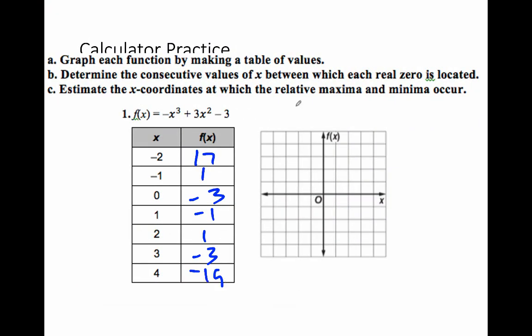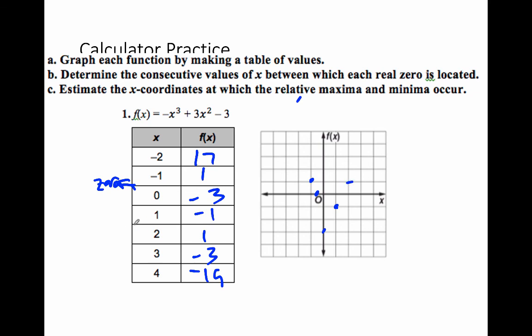So negative 2, 17 way up there. Negative 1, 1 here. 0, negative 3. So I had to have crossed through a 0. This would be a 0 between negative 1 and 1. And then I go up to 1, negative 1. And I go up to 2, 1.